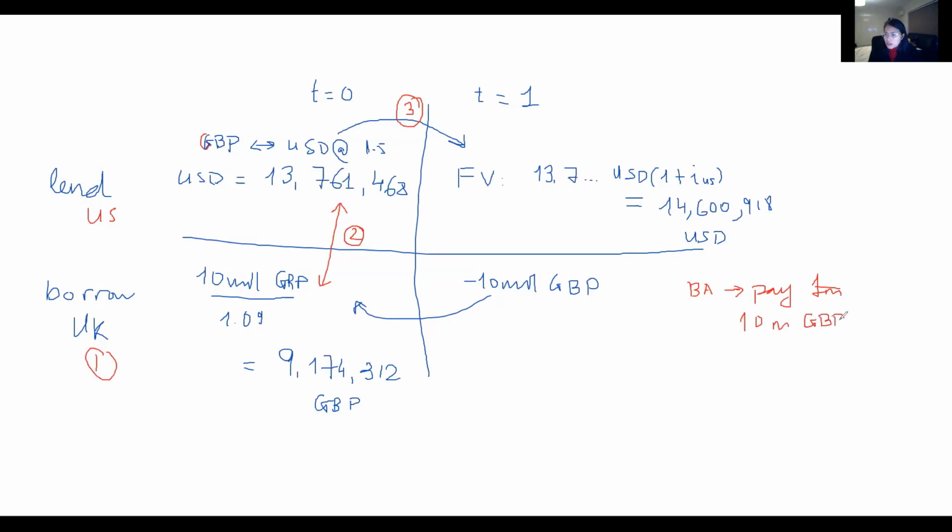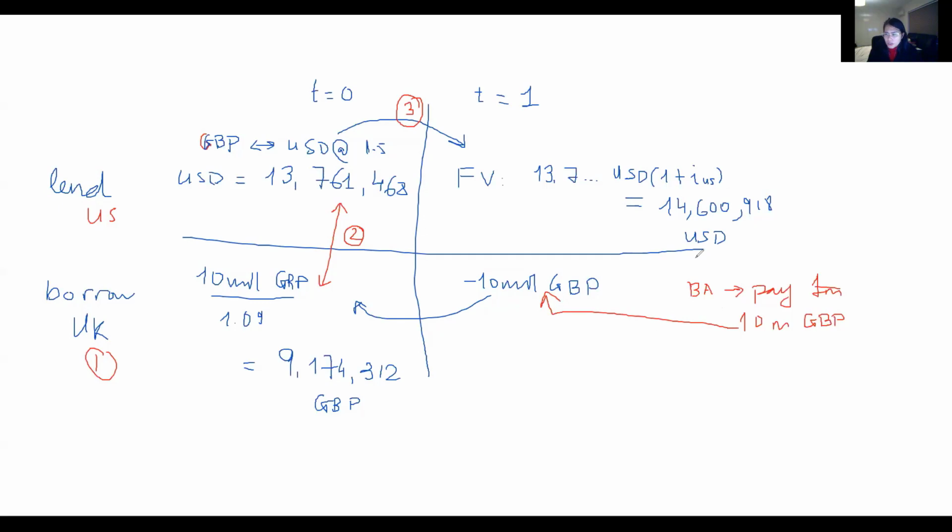Okay. So when I get this payment from British Airways, I'm going to use that to pay my loan obligation here, right? So remember, at the first step, we borrow the present value of 10 million pounds. So in the future, we are going to need to pay back 10 million pounds, okay? So where do we get the money from? It will come from British Airways, okay?